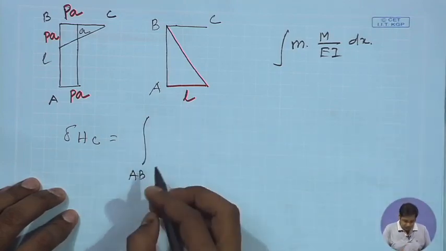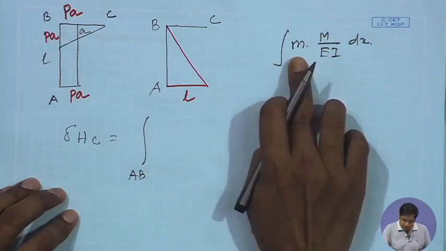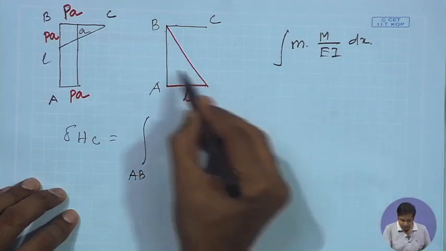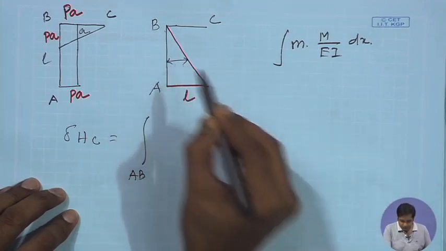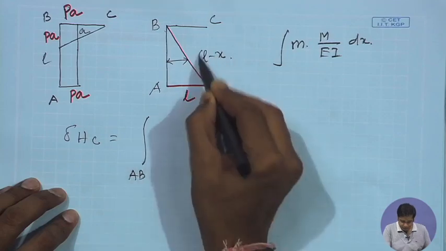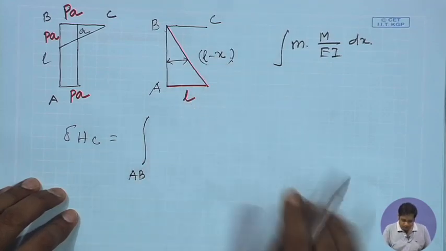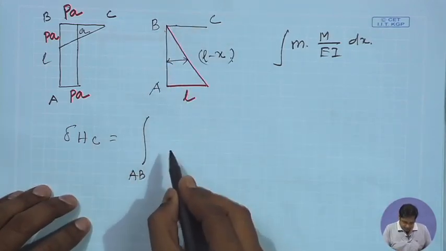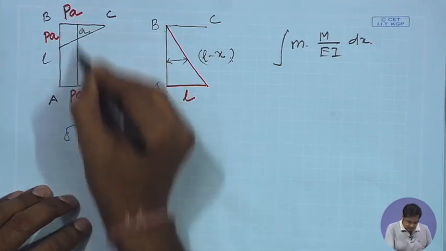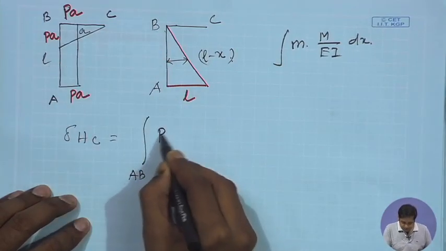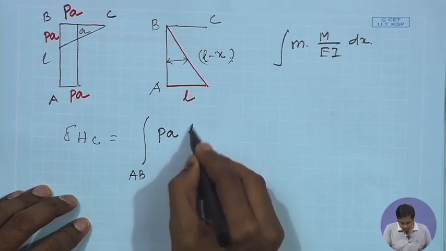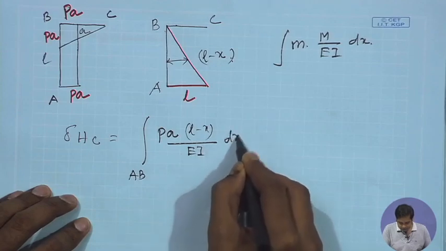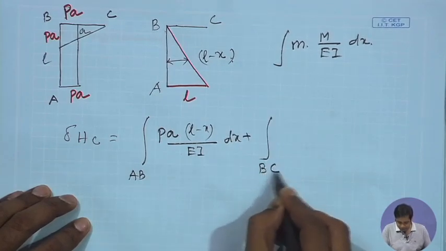So, AB means small m is this, at any location this distance is L minus x. Now, x varies from 0 to L. And this is constant PA. So, this becomes PA into L minus x, divided by EI, dx, plus integration over BC.